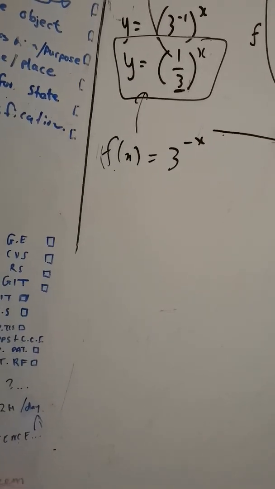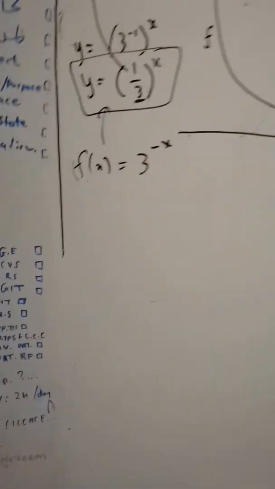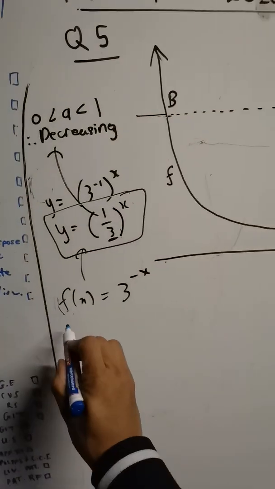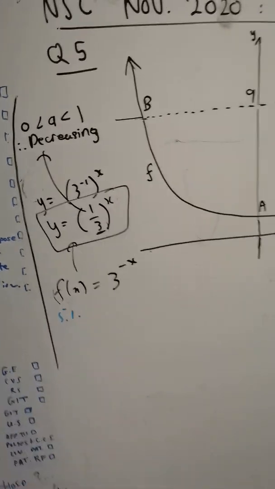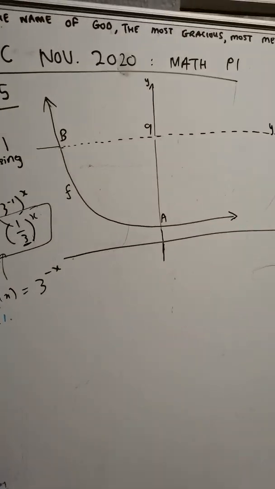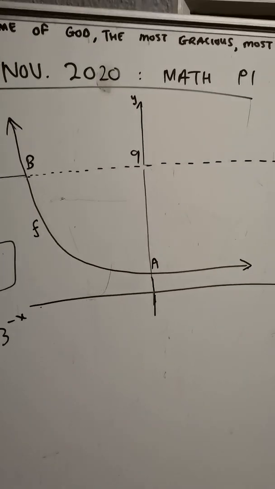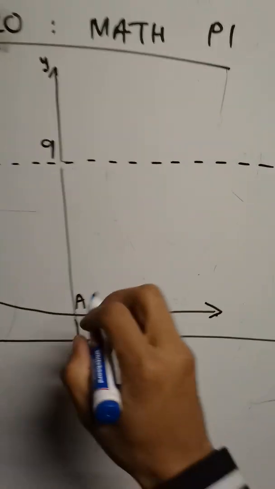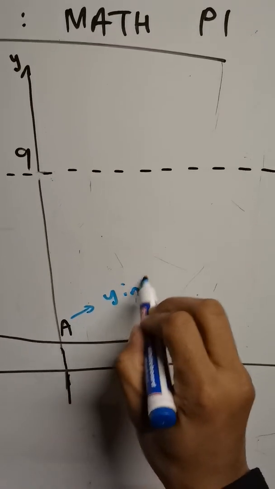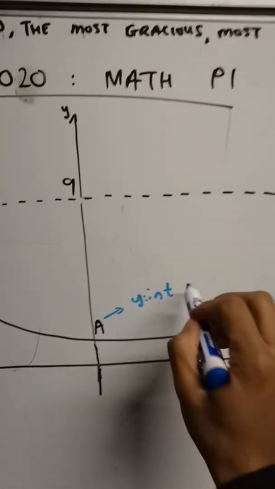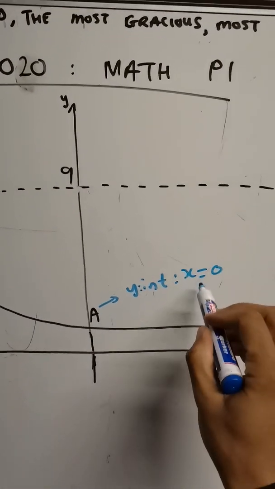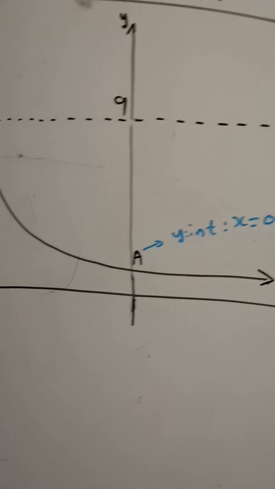So what's the first question? Question 5.1 asks us to write down the coordinates of A. So A is the y-intercept, and if you want the y-intercept, you just make x equal to 0 in your normal graph.